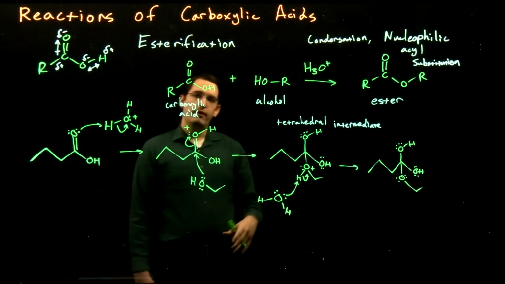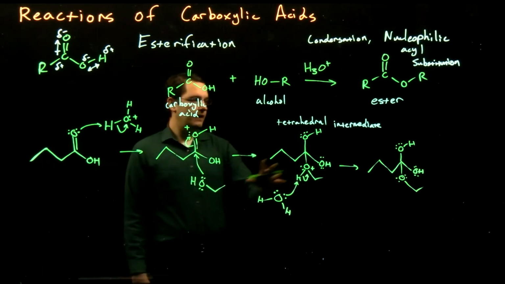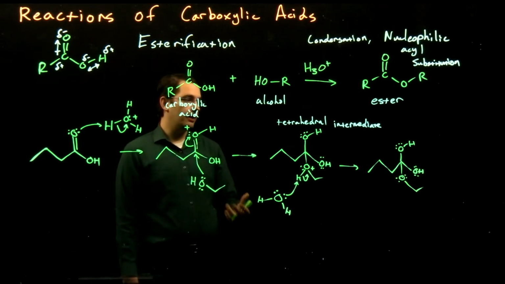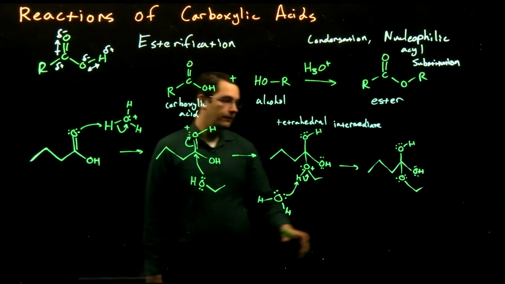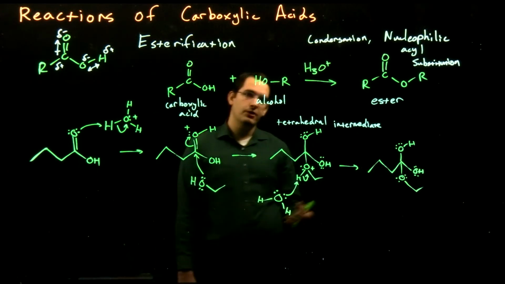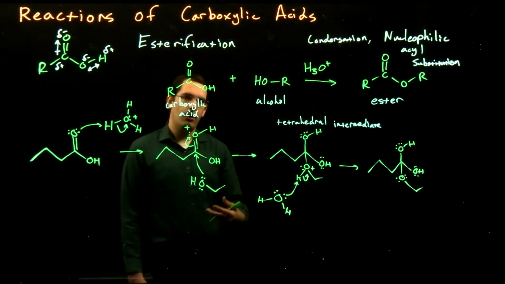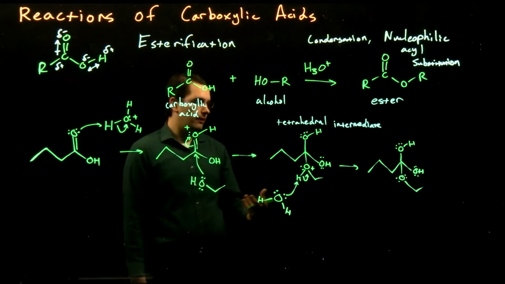So at this point, we've essentially, again, followed exactly what we would do in a nucleophilic addition reaction to a carbonyl. So at this point, it's kind of similar to the hemiacetal that we would see when we're adding on an alcohol to a ketone or an aldehyde.